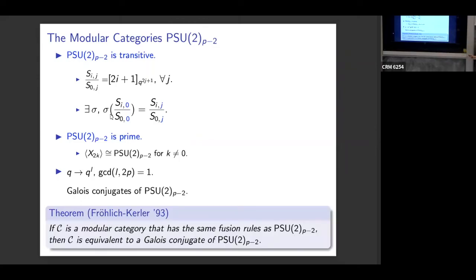There is a result by Fröhlich and Kerler in 1993 that if C is a modular category that has the same fusion rules as PSU(2) level p-2, then C is equivalent to a Galois conjugate of this category. This is one of the building blocks in our proof of the full result.